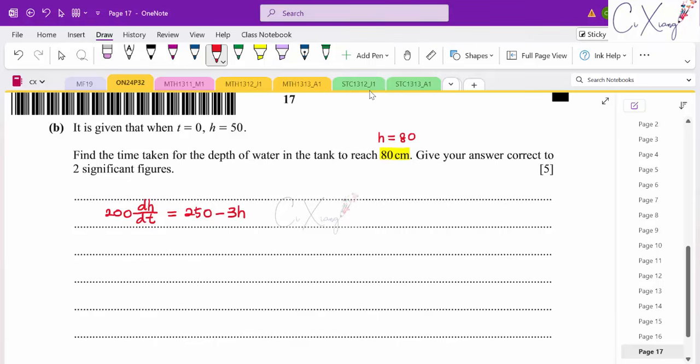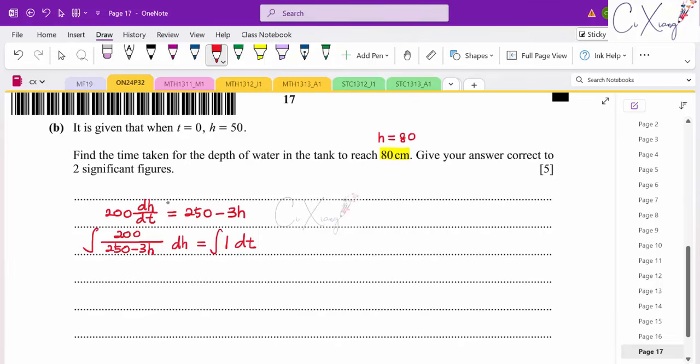So we have to separate the variables. I want to bring 250 minus 3h, the whole thing, over here, which means I have to divide by 250 minus 3h. Keep the dh on the left, but move the dt to the right-hand side. Then I will need to put the integration sign. So from here you can see that I successfully separated the h and t to two different sides.